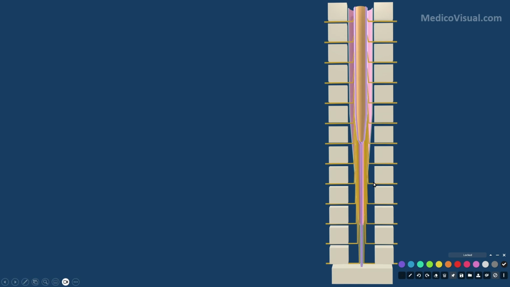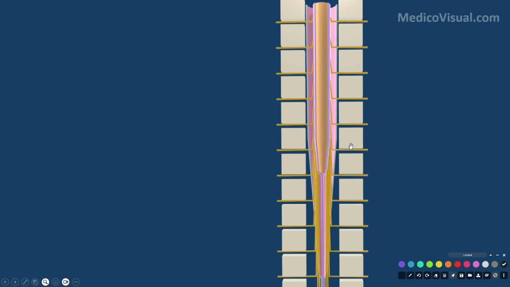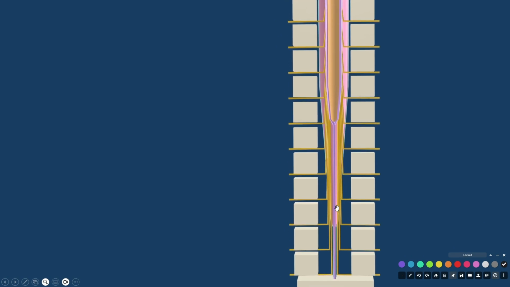So in this diagram you can see clearly what happened here: there is this diagonal arrangement. For example, let's say this is S2 here and S3 here. This is the S2 here, but if we trace its origin, its spinal origin will be somewhat here.